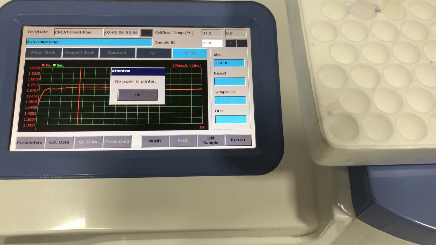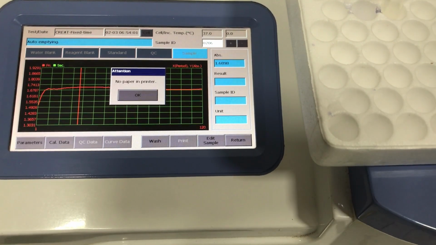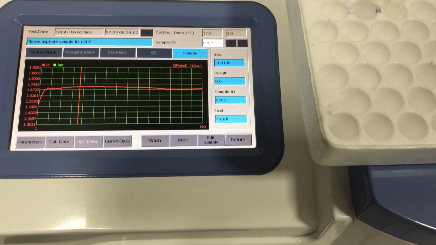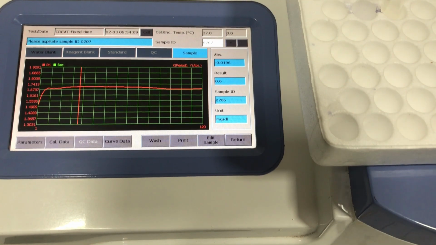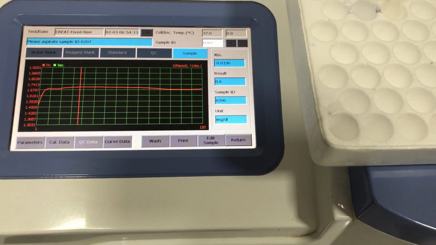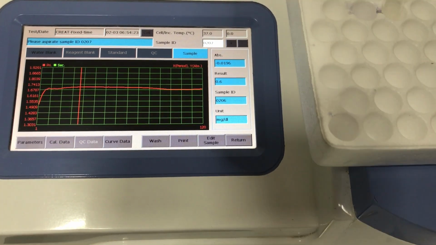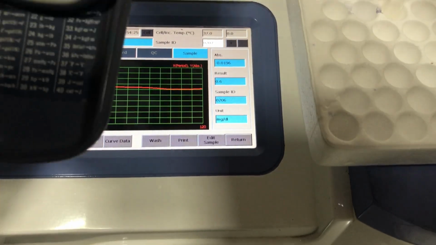So it's done. Let's see our results. We had 0.6, so that's 0.6 milligram per deciliter. If you want your answer in micromole per liter, to get its equivalent in micromole, you multiply by 88.4.